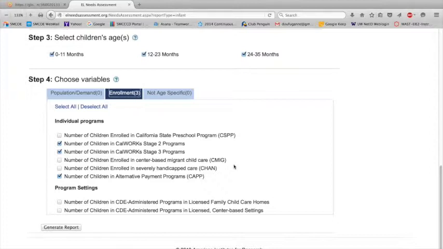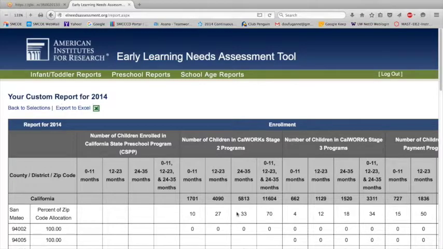My goodness. So we'll follow up on that. Let's click the number of children enrolled in California State Preschool and see if that's the default and they just didn't name it correctly. The income eligibility is the same for those two programs. I think that's an error in this update, but let's see.